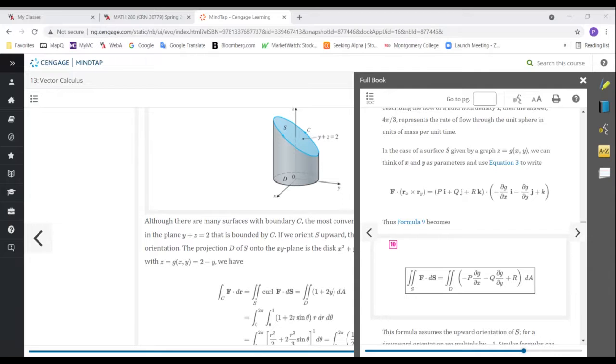I notice in the solution they are leaving out a few details, and I'd like to fill those in for you.